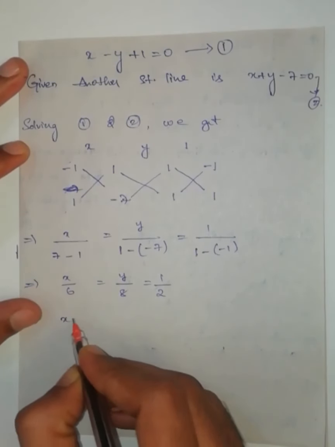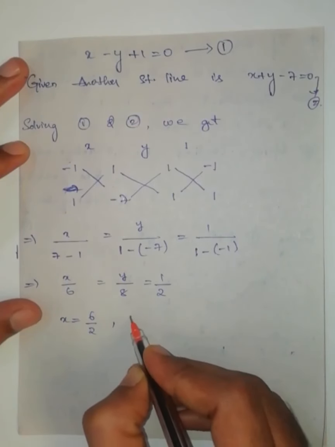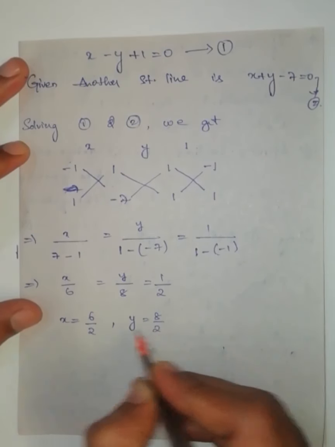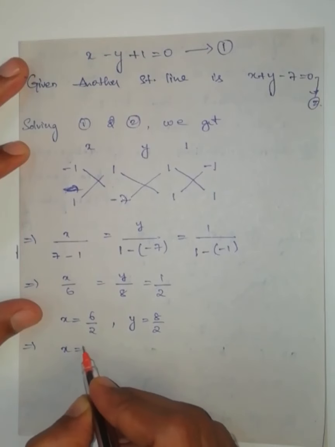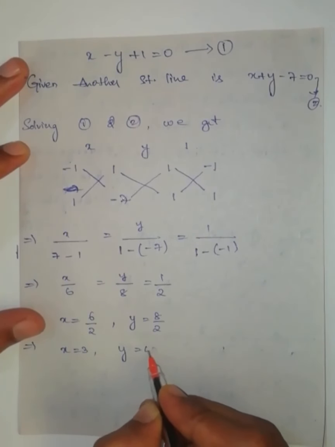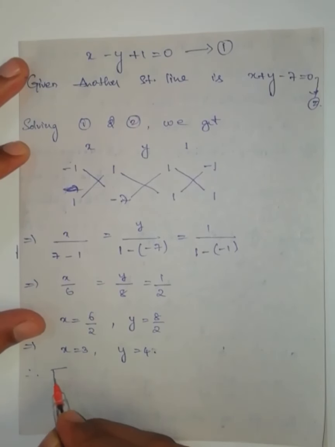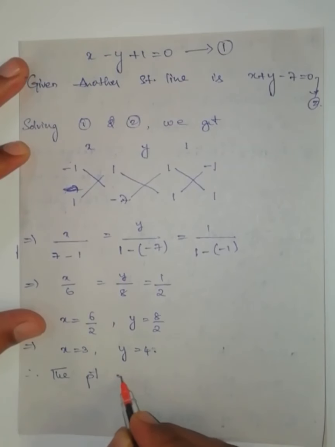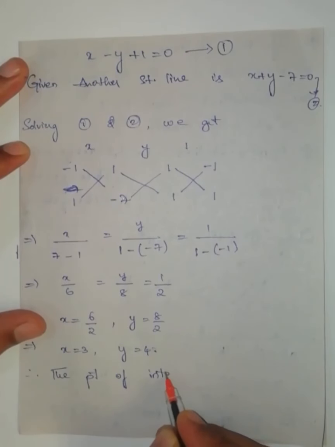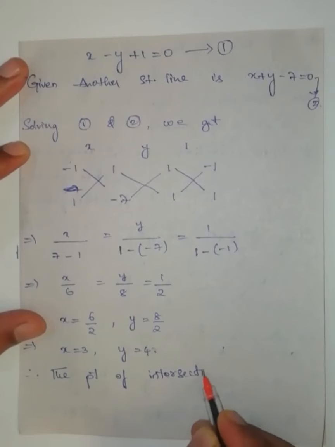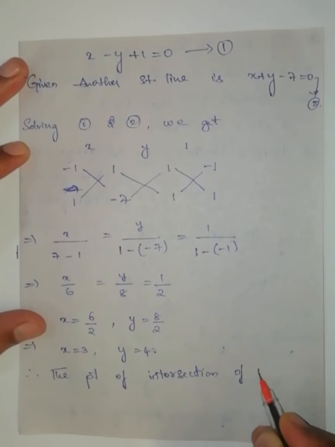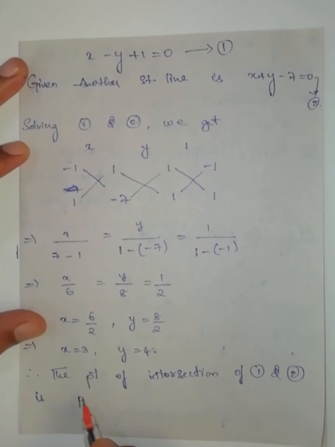This implies x is equal to 6 by 2, y is equal to 8 by 2. This implies x is equal to 3, y is equal to 4. Therefore, the point of intersection of 1 and 2 is P of 3 comma 4.